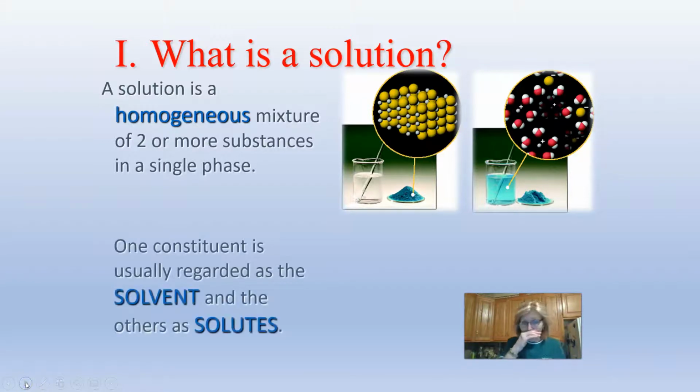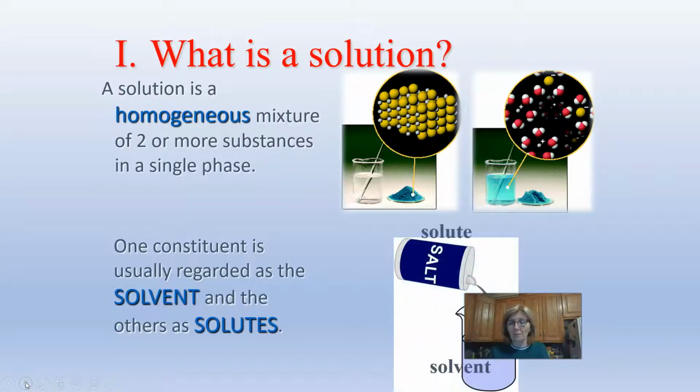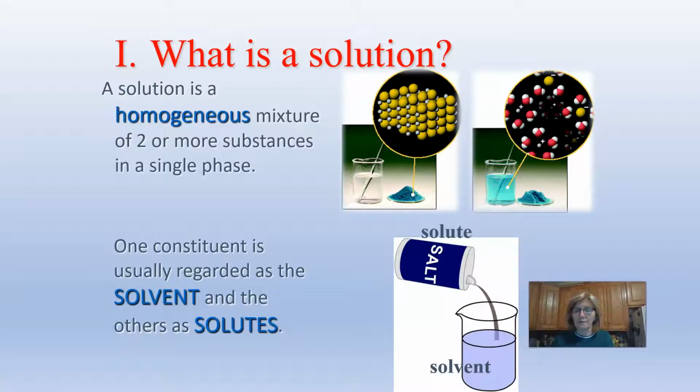The next one, this is where we can get into solvents and solutes. So this gets a little weird too. Normally we have something called the solvent, and then we have something called the solute. And let me get into some definitions here. Let me move my camera out of the way here so you guys can see it. So when we take salt and we mix that into water, it dissolves completely.